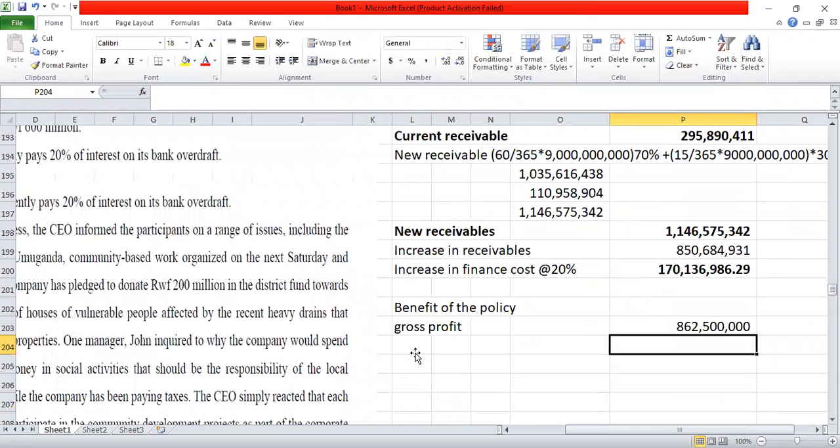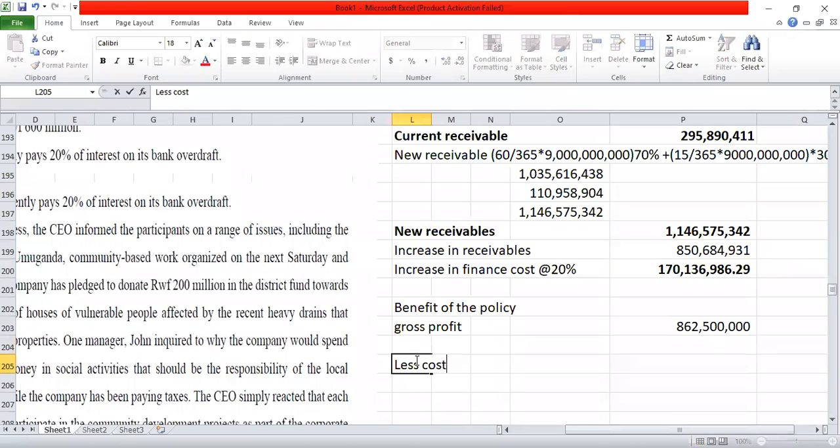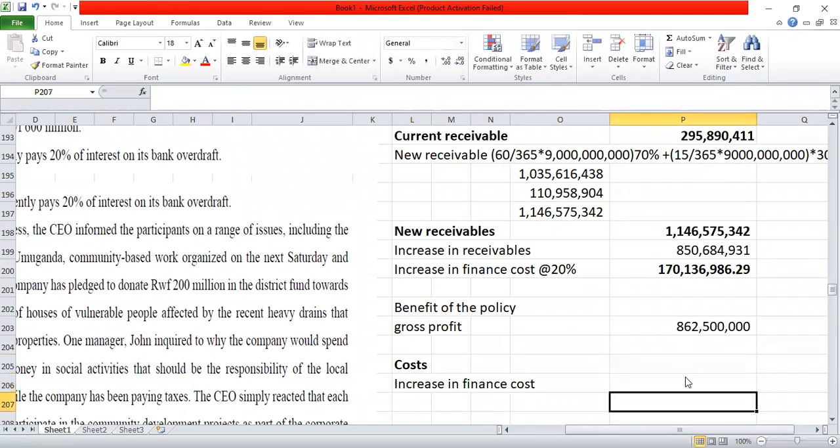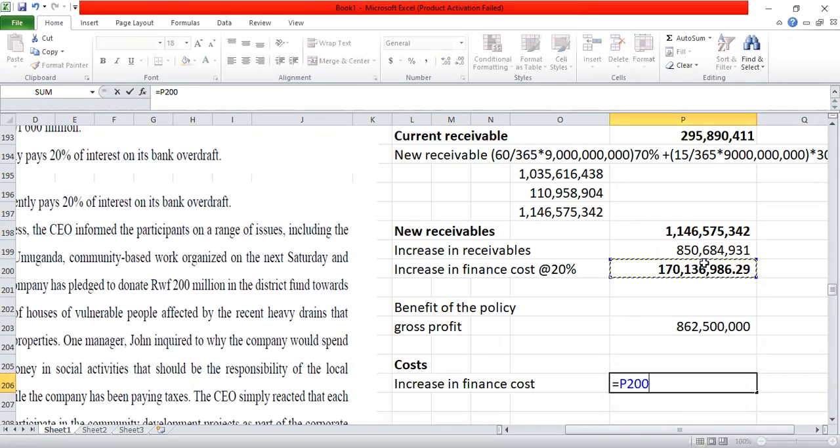Then if you look at the costs associated with the policy, I will have an increase in the finance cost, which we have got as this.